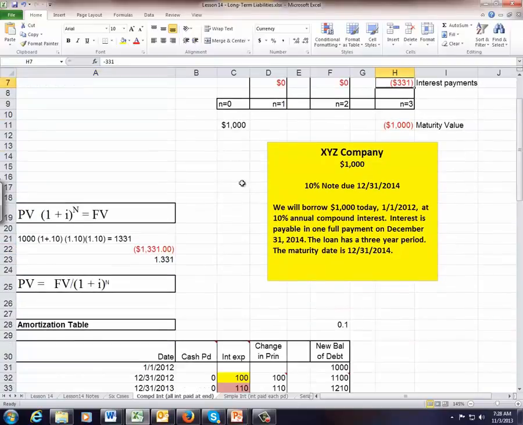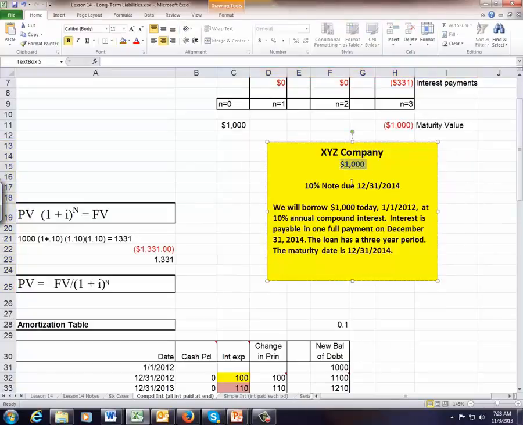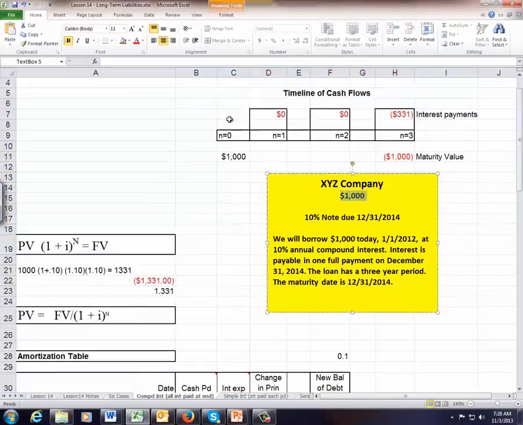And so let's take a look at a note. If we actually had a physical note, it would look like something in yellow here. And XYZ Company is the borrower or the issuer. It borrows $1,000 today on January 1, 2012. It agrees to pay 10% annual compound interest with interest payable in full, in one full payment at the end of the loan term here.